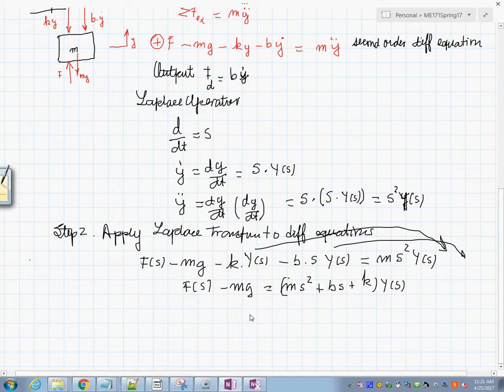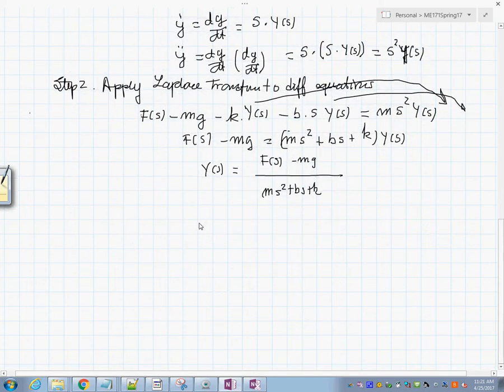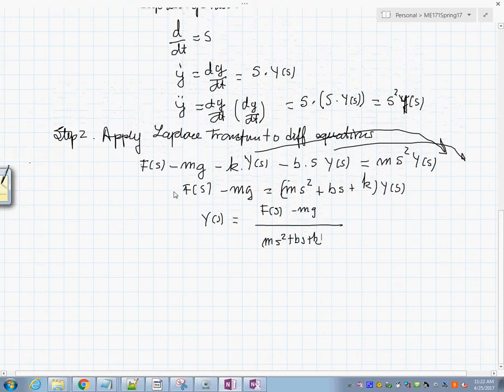Now the output here, from here we could conclude that Y of s is equal to F of s minus mg divided by ms squared plus bs plus k, right? So if this is true, we now have the output that we're looking for.